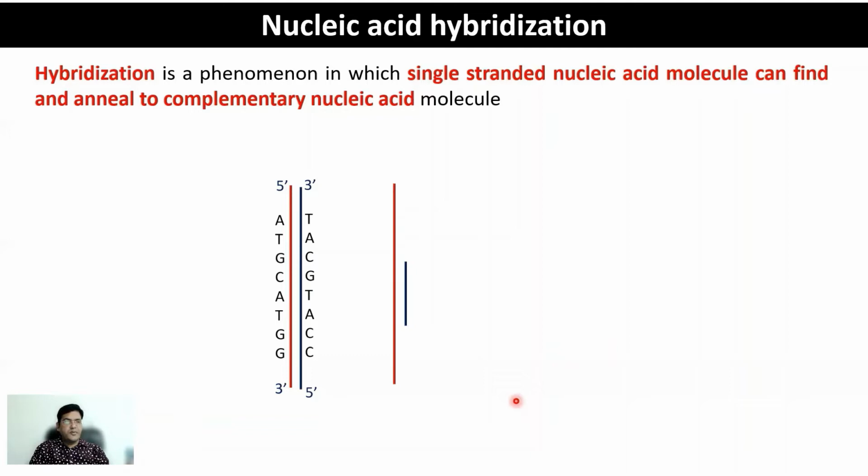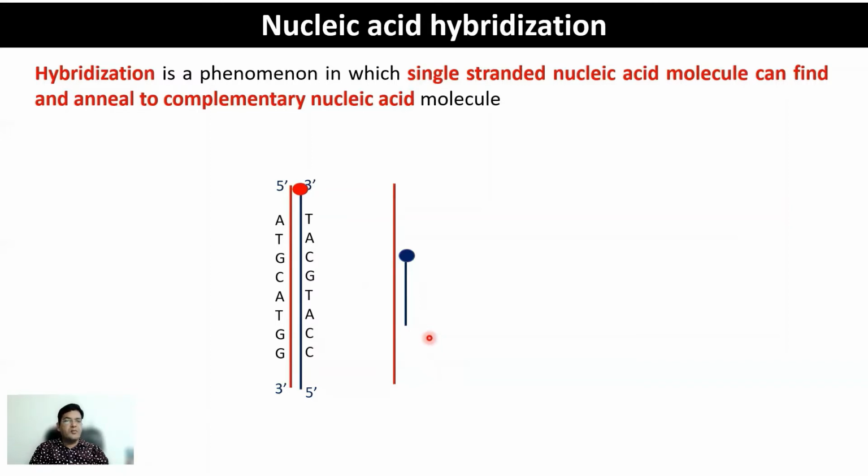So to check whether a specific fragment is present in a library or not, what you can do is you could use a complementary DNA sequence, for example, this one here or this one here. And the complementary DNA fragment is coupled to a reporter molecule, which could be a fluorochrome or a radio label, right? So either of the two can be used here.